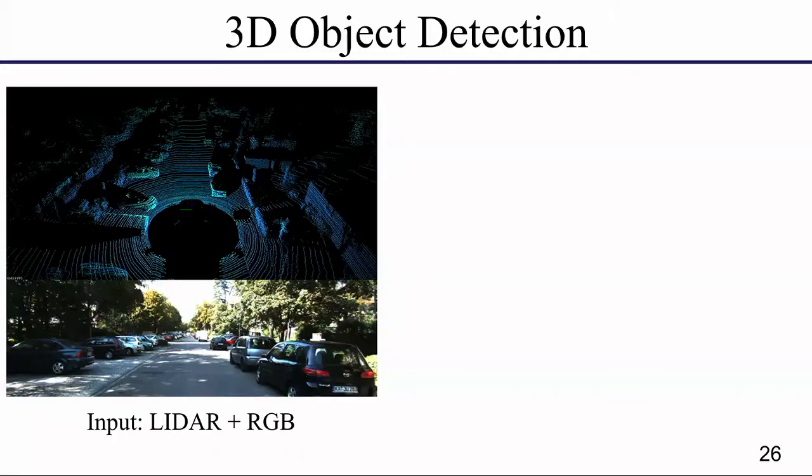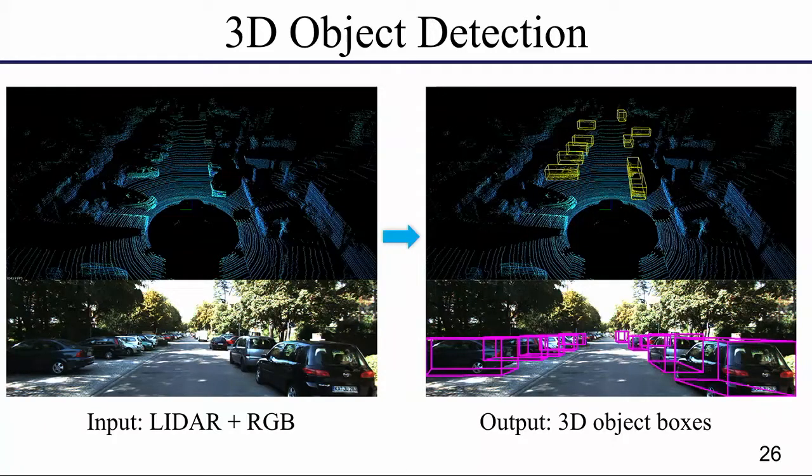Let's look at some of the major problems. The first major problem we need to solve is 3D object detection. So given the LiDAR 3D point cloud data on the top of the image and the RGB camera at the bottom, we need to produce 3D bounding boxes for each object, and determine what is the object in the bounding box, right? Could be a car, could be a person.